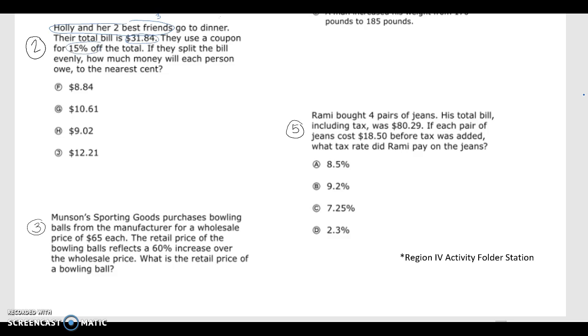They're taking 15% off, so I need to find 15% of their bill. So 15 over 100. Put my total here, $31.84. I'm going to do X up top. Then I'm going to take $31.84, and in this case, since it's a coupon, we're going to subtract the X value this time. And then you're going to do the same thing as last time: take your total and divide it by 3.